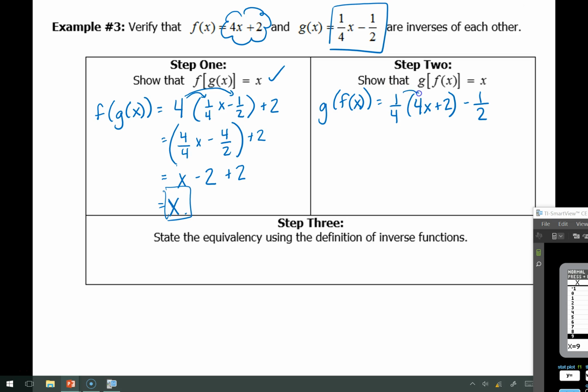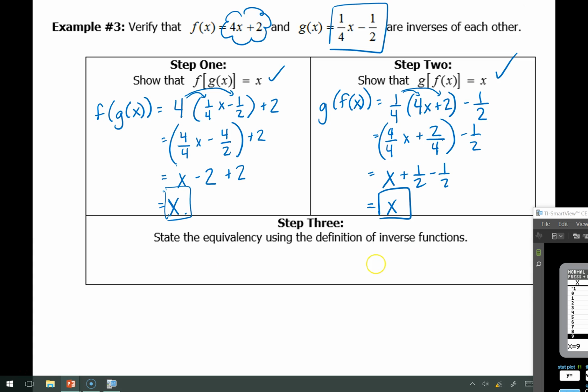For this one, I'm going to distribute the 1/4, so that's 4 times 1/4, which is just 4/4, or 1, and that's 2/4, minus 1/2. 4/4, as I just said, is 1, so that's x. 2 divided by 4 is 1/2, and then I have that minus 1/2. Positive 1/2 minus 1/2 is equal to 0, so that gives me that it's just equal to x. That means this one also checked, it verified.